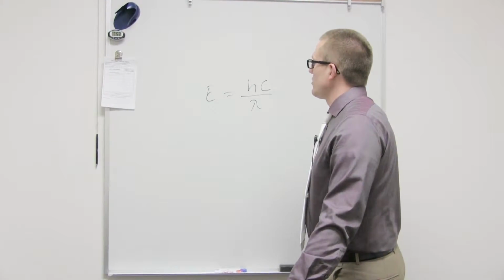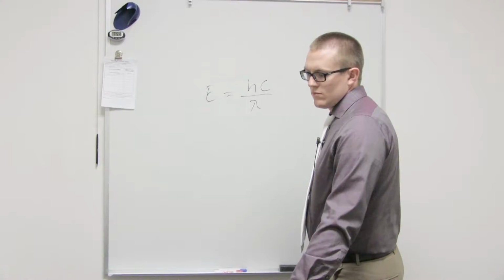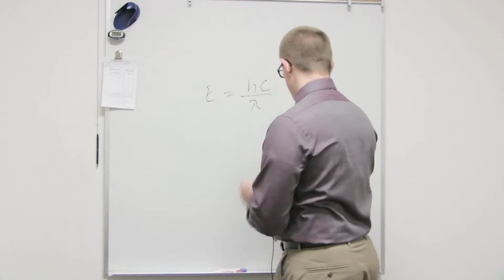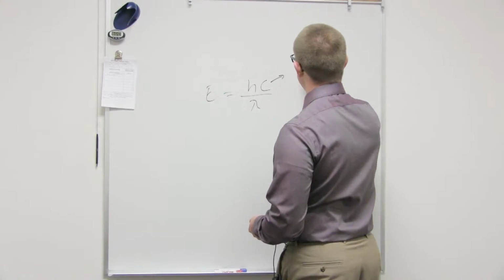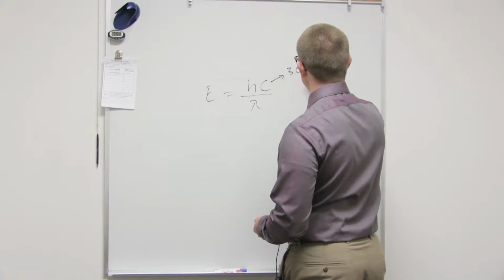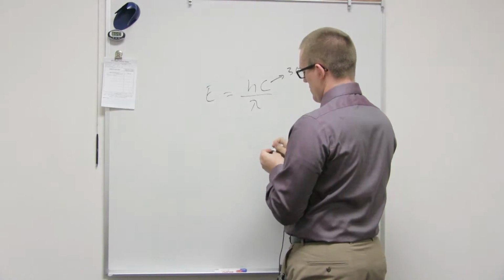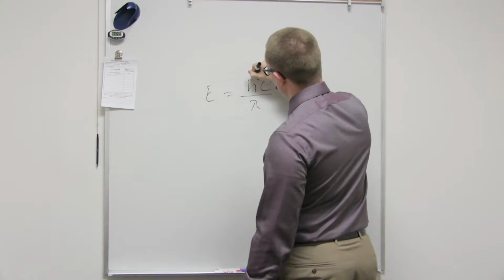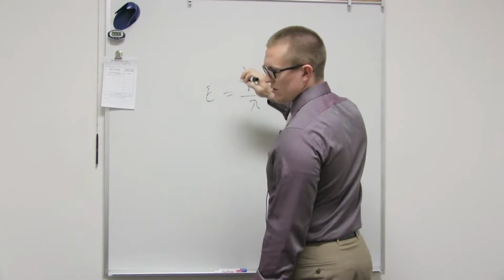And C and H are constants, right? Right. C is the speed of light, which is 3.0 times 10 to the 8th, right? H is Planck's constant, which is like 1.6, is that right?